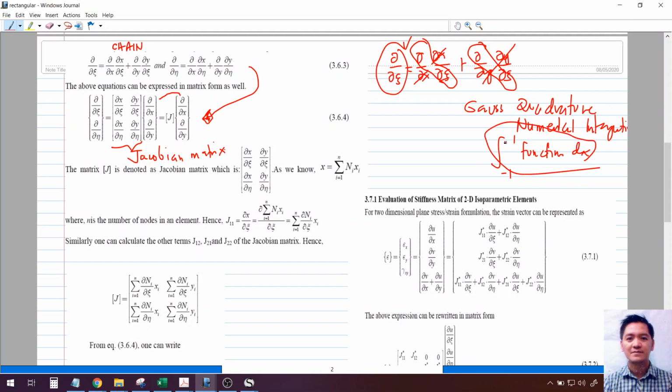Remember, our K, the stiffness matrix, is a volume integral, as we've been solving. K is typically B transpose D B. So it's an integration, a volume integral, and we are using Gauss quadrature. Now, that's your Jacobian matrix, which comprises dx/dxi, dy/dxi, dx/deta, dy/deta.